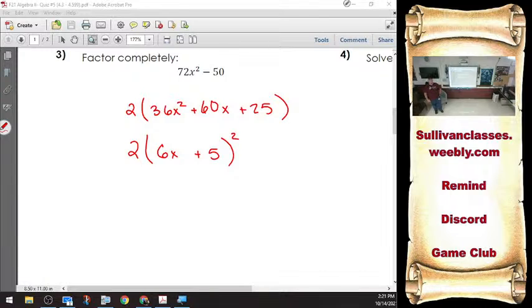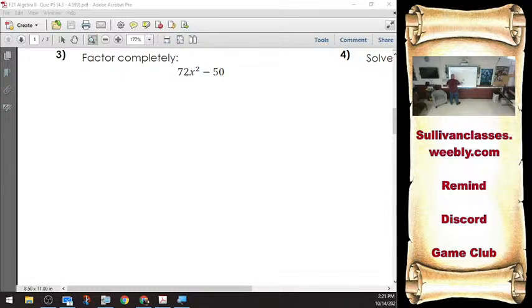Okay, it's on that factoring decision tree that we ran through a few times. Just be aware of them.